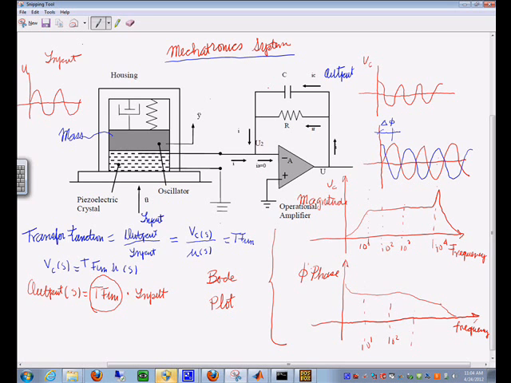This is the piezoelectric material right here. What it means is that when that happens, it produces a small voltage, and of course it is connected to the housing through this spring and the damper over there. But it's very obvious that if I give an input in here, because of the property of this material, that is the piezoelectric, it will produce a voltage here.